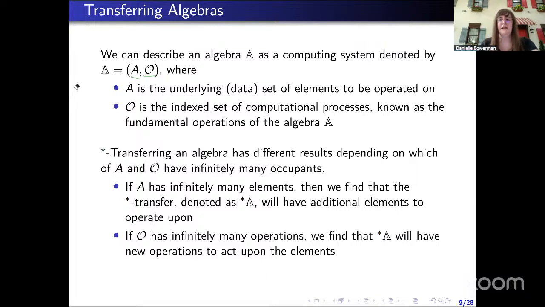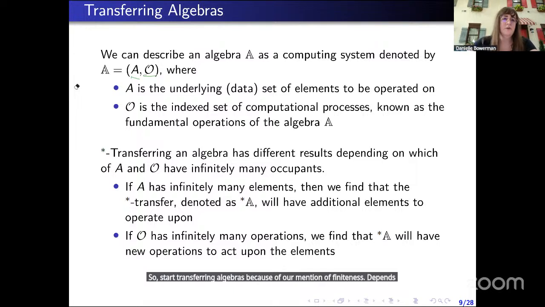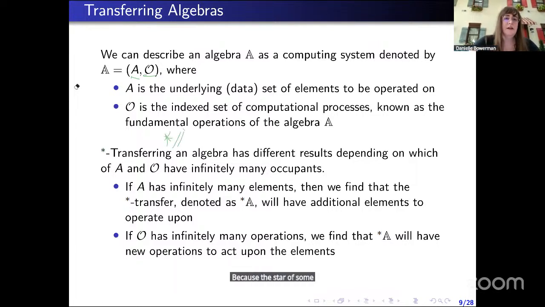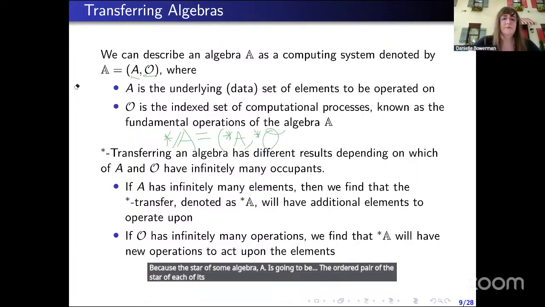So star transferring algebras, because of our mention of finiteness, depends on, of course, whether A or O itself has finitely many members. Because the star of some algebra A is going to be the ordered pair of the star of each of its components.